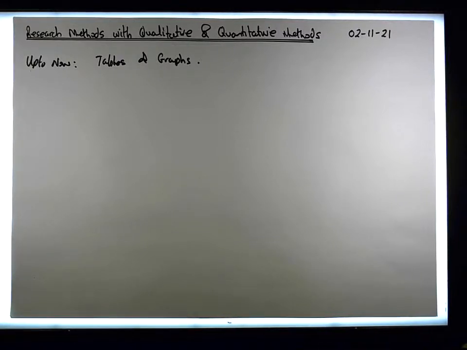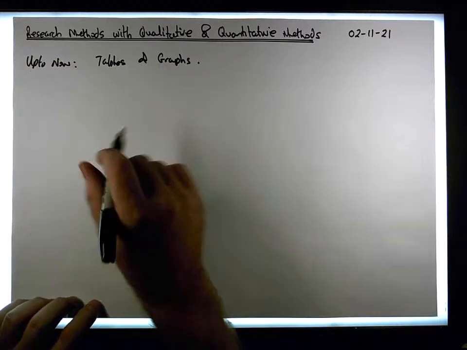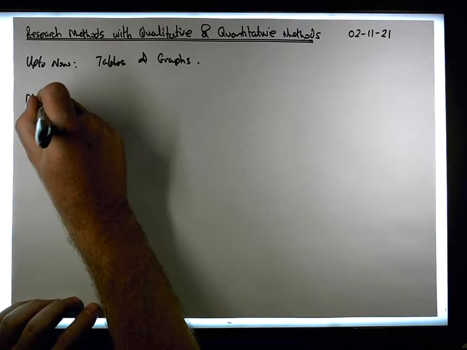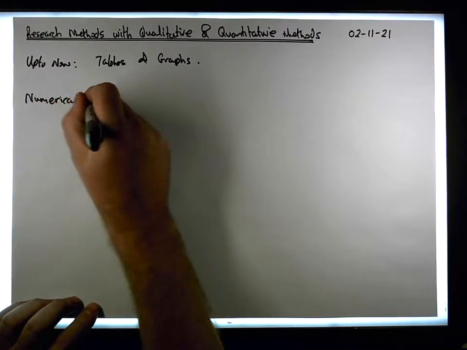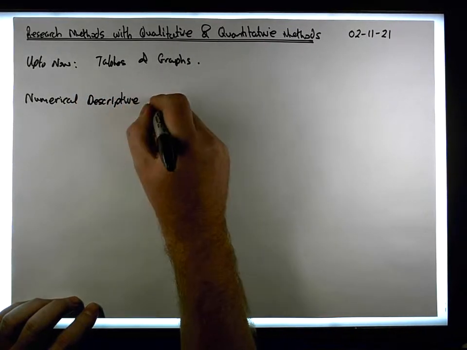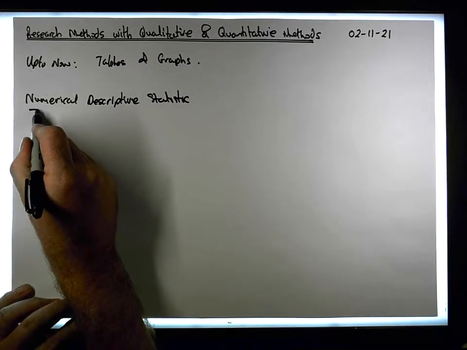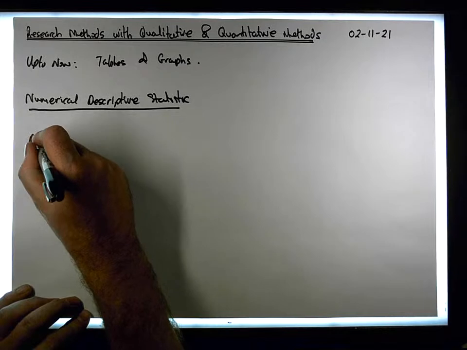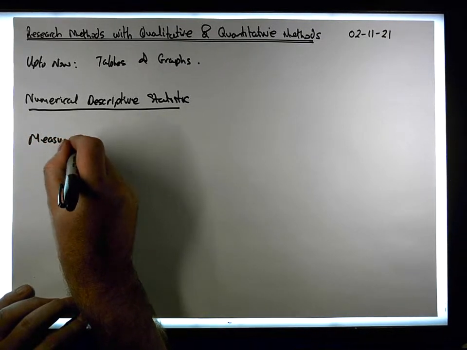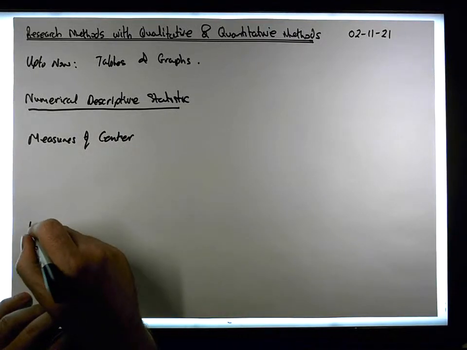But what I want to do first of all this evening is to have a look at some numerical descriptive statistics, and in particular, measures of center and measures of dispersion.